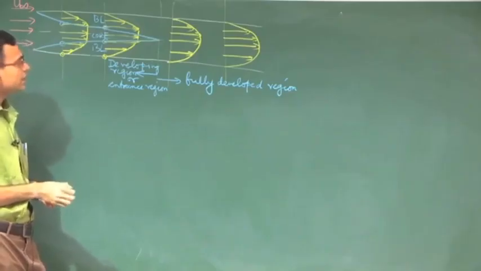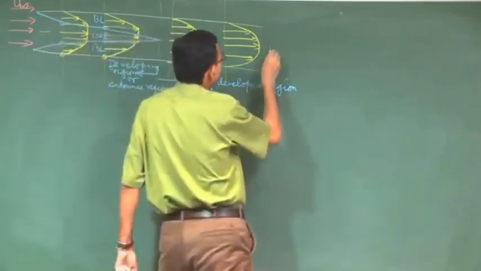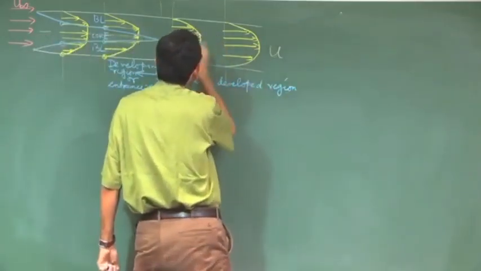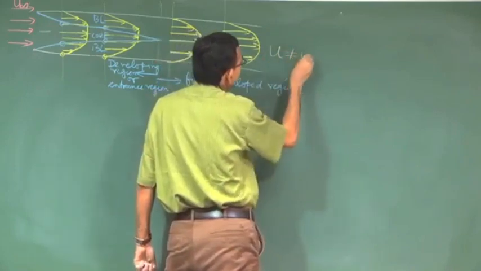Just for the sake of understanding better, the fully developed region is a region where, if this is the x axis, u is not a function of x anymore.